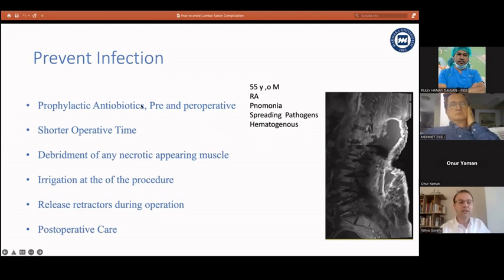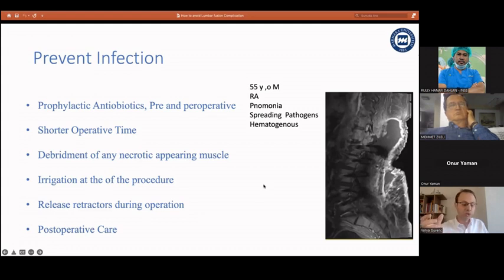So how can we prevent infections? Using prophylactic antibiotics pre- and perioperatively. If the operation time is long, we add a new antibiotic during the operation, and sometimes we put antibiotics on the screws. We also prevent infections with shorter operative time, debridement of any necrotic appearing muscles at the end of every operation, and irrigation of the procedures.